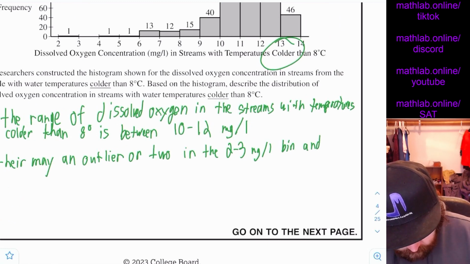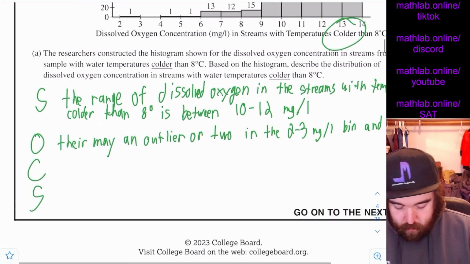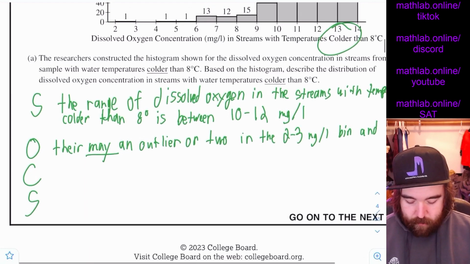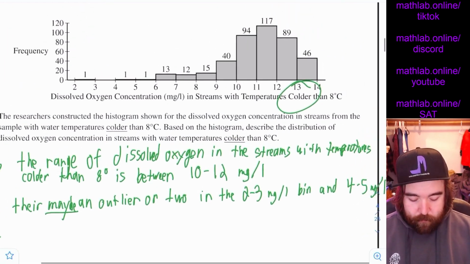And 4 to 5 milligrams per liter. Maybe. There may be.